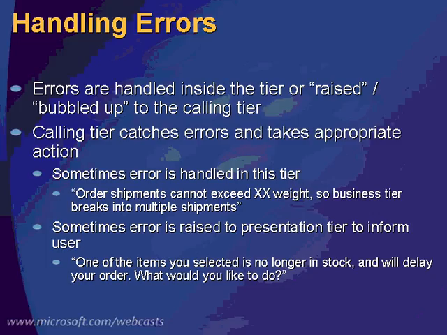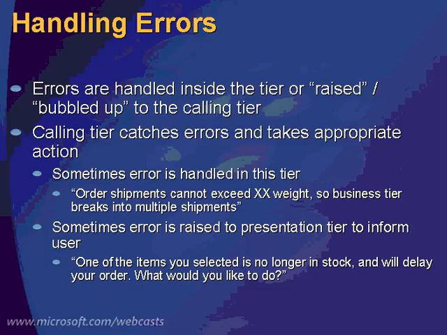So that's what I mean by errors are either handled inside the tier itself where the exception occurs, or it could be bubbled up to the calling tier. And so, the reason for this may be different. So, for instance, within your business tier, maybe you say, order shipments cannot exceed a certain weight. So the business tier itself, maybe it breaks it into multiple shipments.